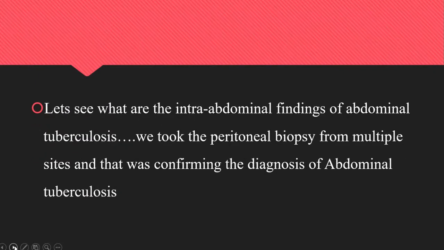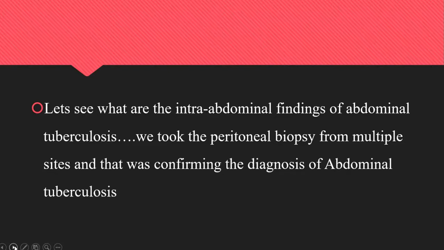Let's see what are the intra-abdominal findings of abdominal tuberculosis. We took the peritoneal biopsy from multiple sites, and that confirmed the diagnosis of abdominal tuberculosis. Few of the findings are very important, like omental cake appearance, presence of ascites, presence of tubercles, the whole of the peritoneum is affected, the hyperemic bowel, almost the whole of the abdominal cavity including the solid visceral organs.